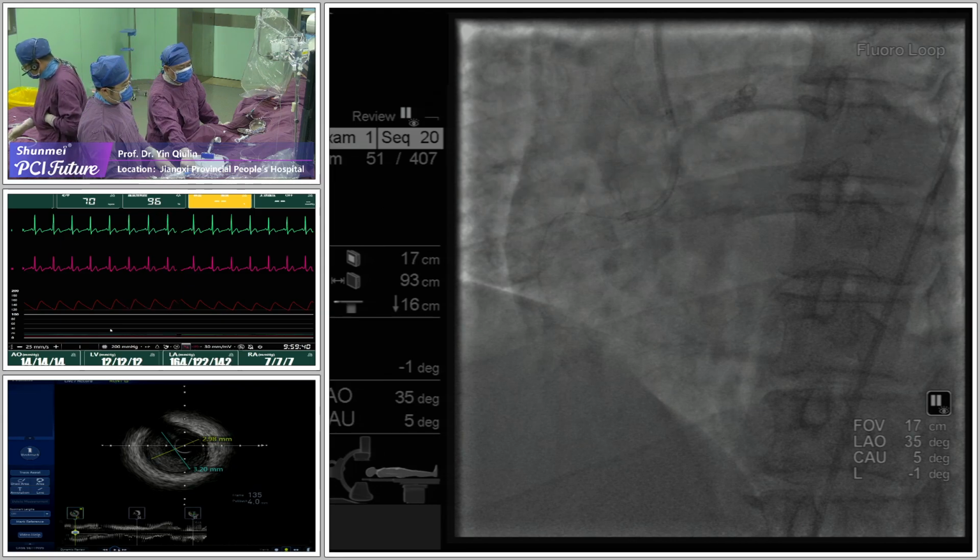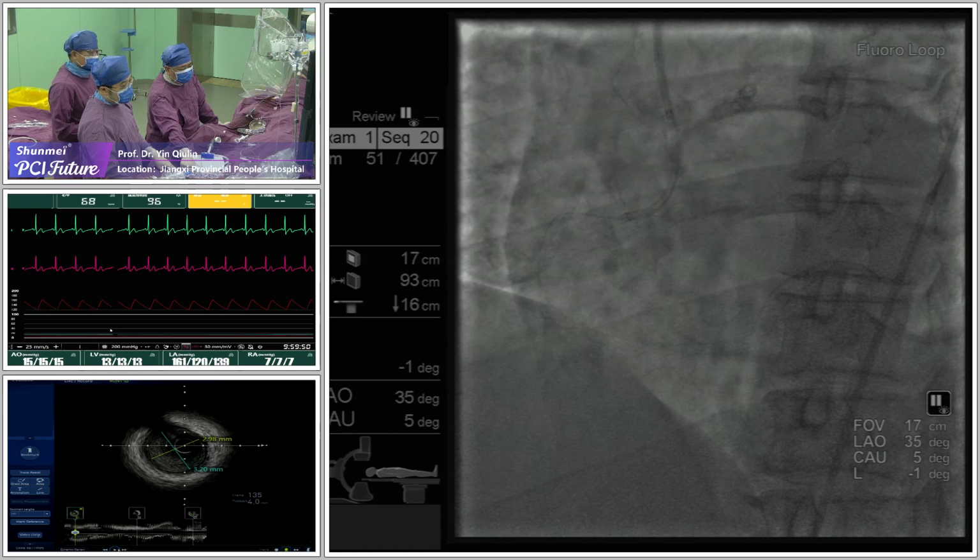Maybe the first segment of the collateral is epicardial, so it has some risk of perforation. So you need to be very careful. Okay, you are very skilled, and congratulations.